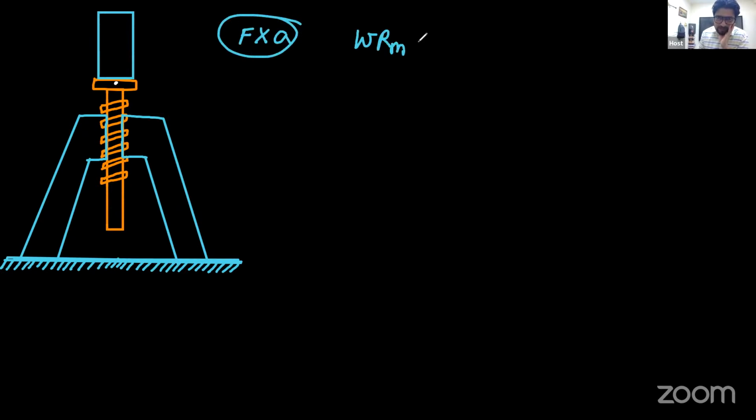Even if you remove this, F is not really needed because we are producing the same torque as the torque actually required.